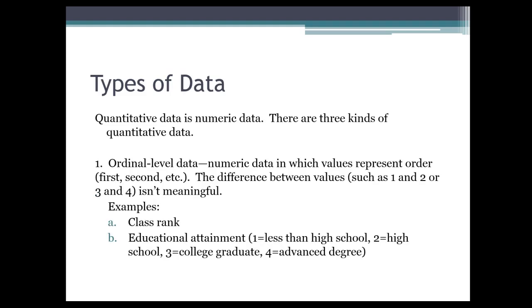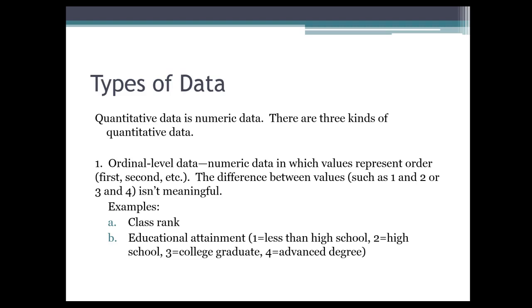Quantitative data, we said, was numeric. Let's look at the first kind of quantitative data. The first is ordinal level data, and some books actually consider ordinal data to be qualitative, but it doesn't matter. Ordinal level data is usually something like first, second, third. So something like class rank.